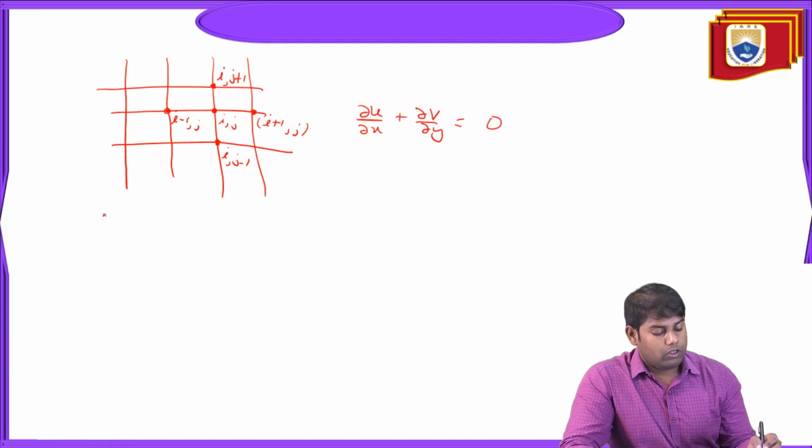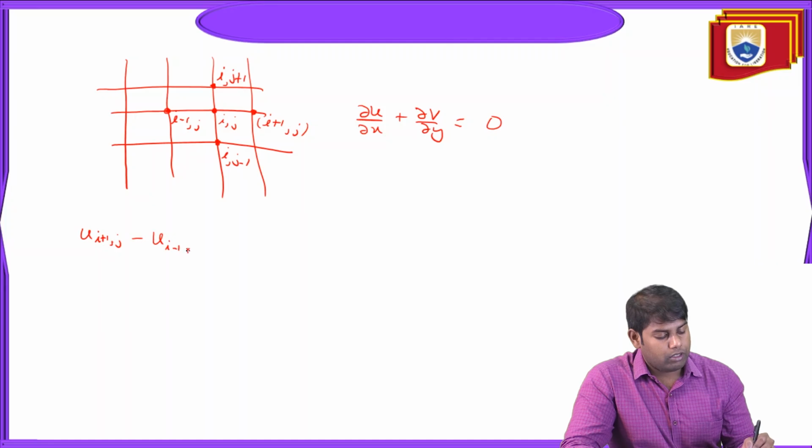Okay, so when we apply the central difference, this will be u of I plus 1 comma j minus u of I minus 1 comma j divided by 2 delta x. The stencil size, basically the difference between these, let us take this is delta x and this is delta x. So the addition of delta x, this will be 2 delta x.